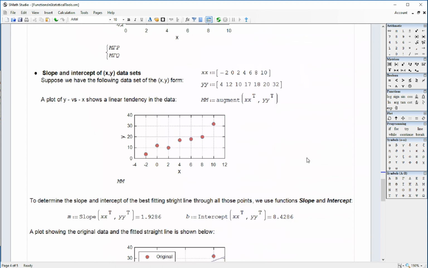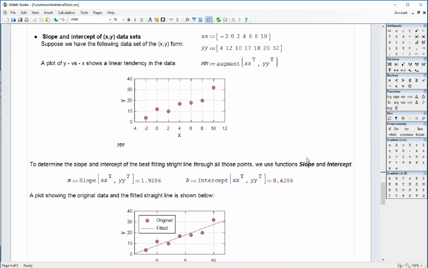Then a couple of statistical functions that escape my playlist number 5. If you're given a couple of vectors representing data x, y in the plane, I represent them here as row vectors. So in order to produce a matrix, I put the transpose in here. And so it shows some increasing tendency, and it may be fitted through a straight line.